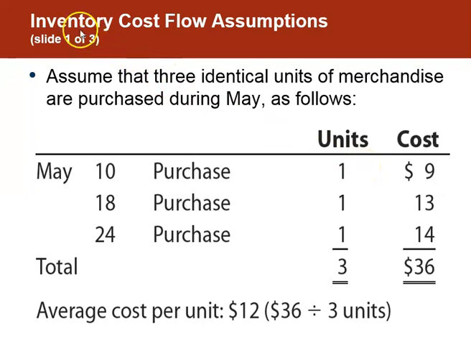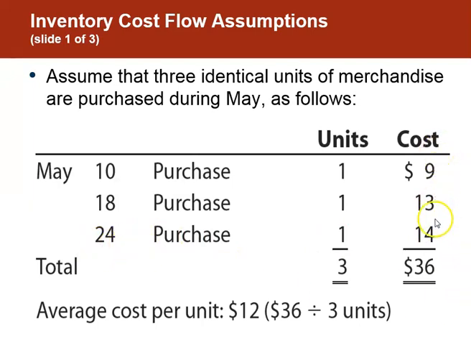So continuing on, it says inventory cost flow assumptions. It says assume that 3 identical units of merchandise are purchased during May. We've got 3 dates, 10th, 18th, and 24th, and each purchase is for 1 item. So 1 plus 1 plus 1 is 3. But notice that our costs go from $9 on the 10th to then $13 and then $14 on the 24th.